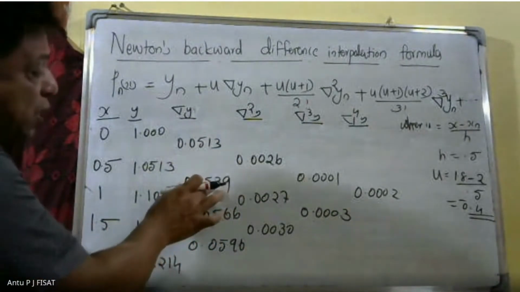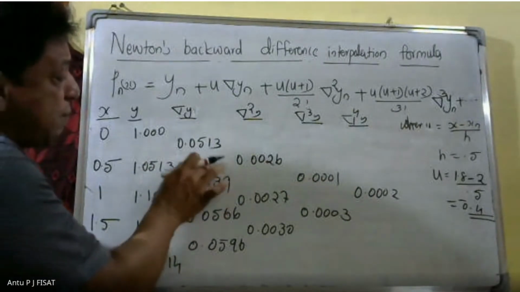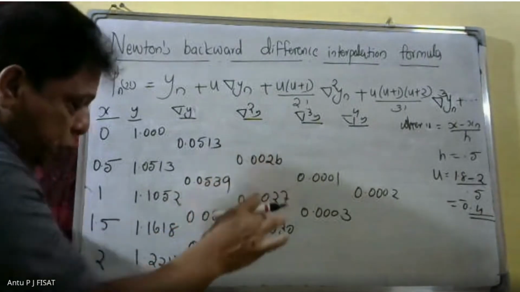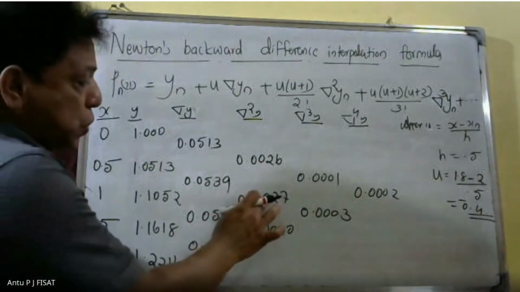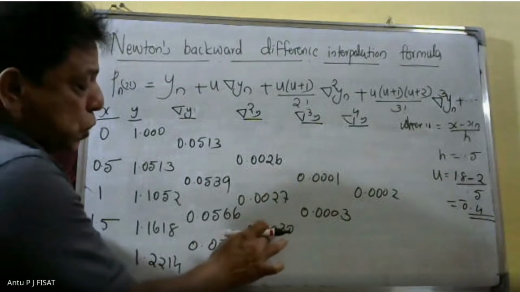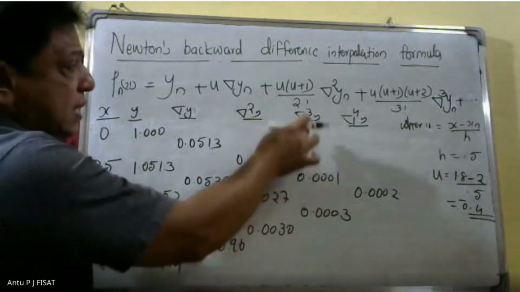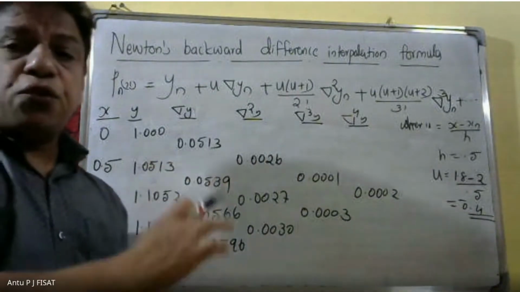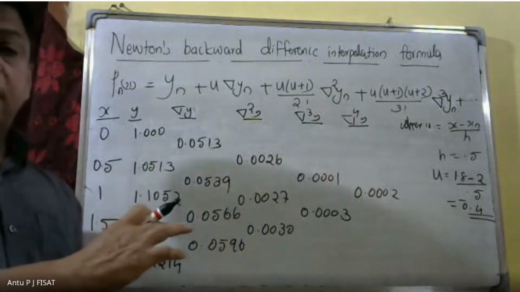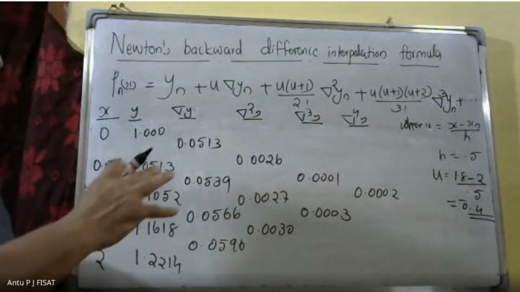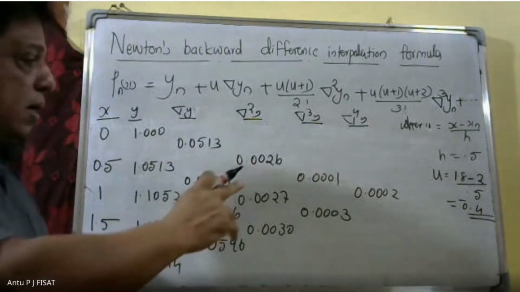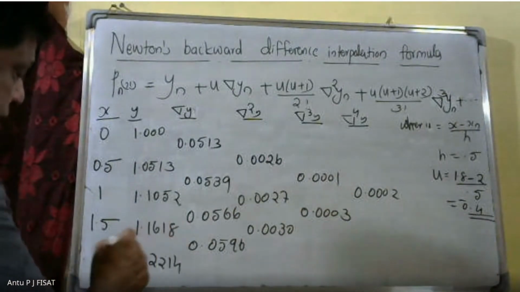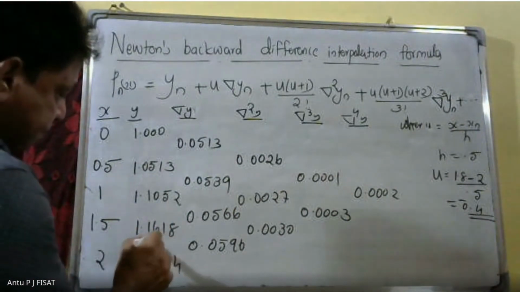The next column, take the differences: 0.0539 minus 0.0513 is 0.0026, then 0.0027, 0.0030. Then take the next columns, del cubed y and del raised to 4 y. This is the procedure for making the Newton backward difference table. After preparing the Newton backward difference table, we take the values from the lower diagonal here.